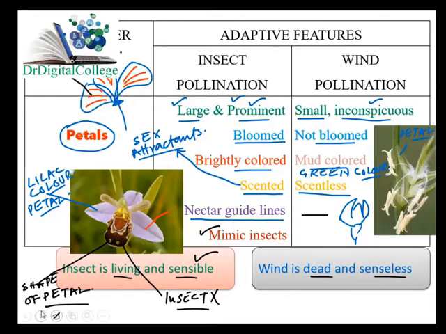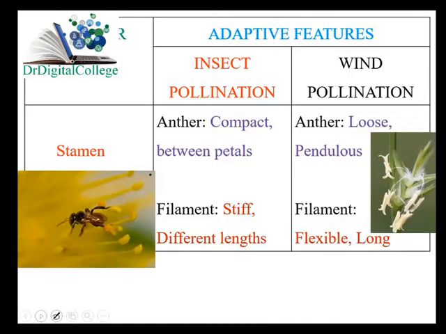Yes. Okay. So if we go to the next, then there is the stamen. Stamen means male reproductive part. Stamen has two parts.